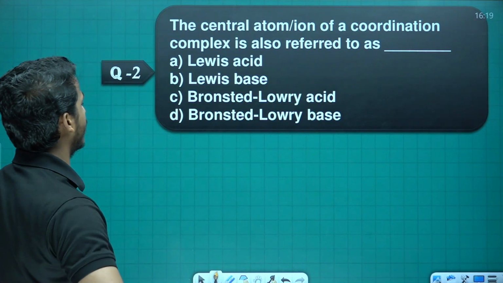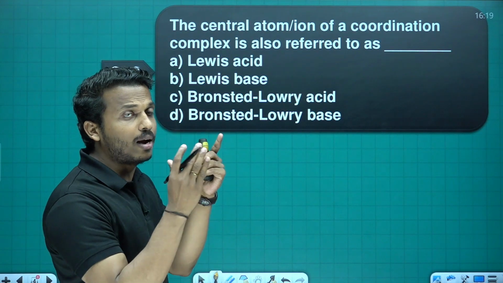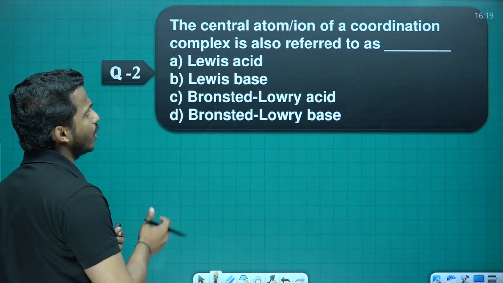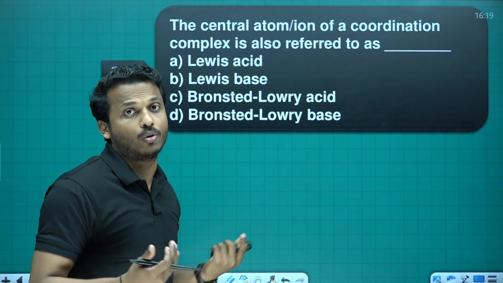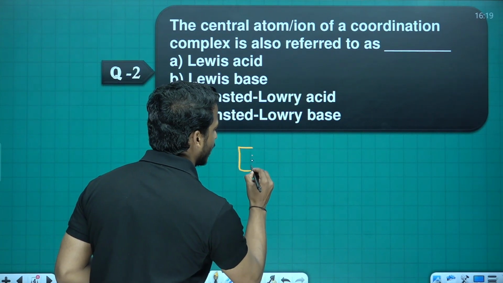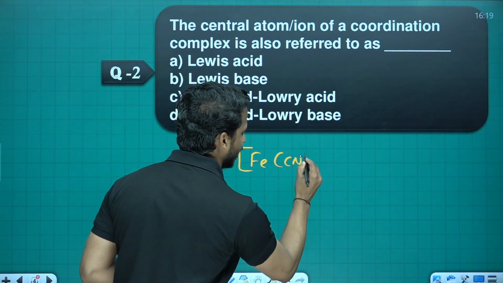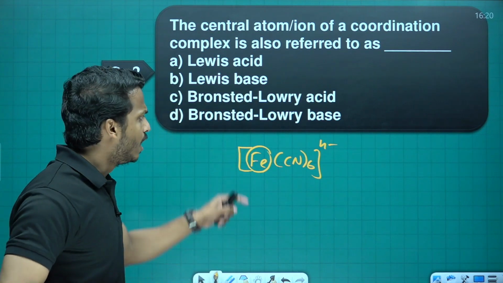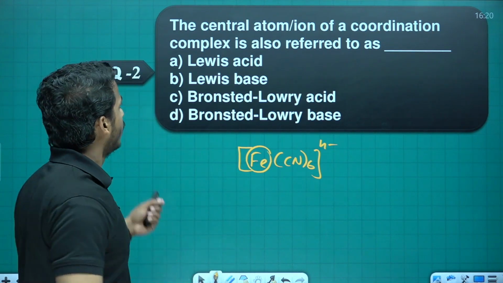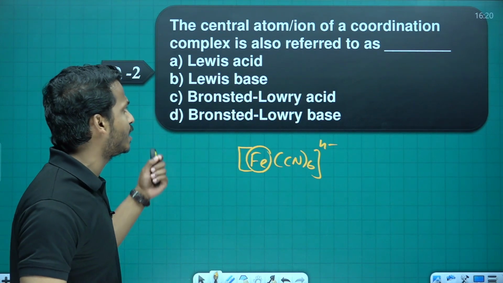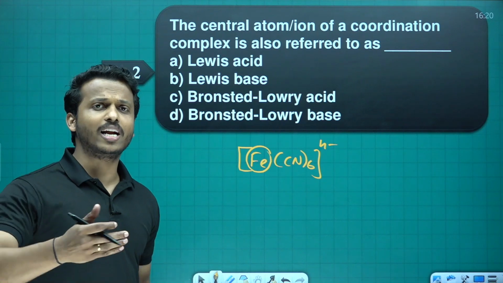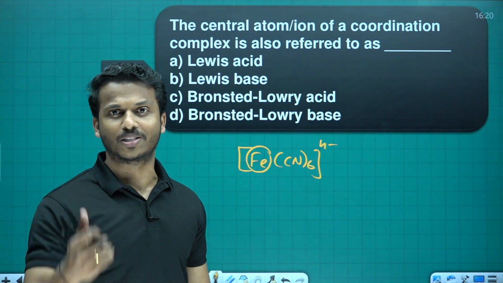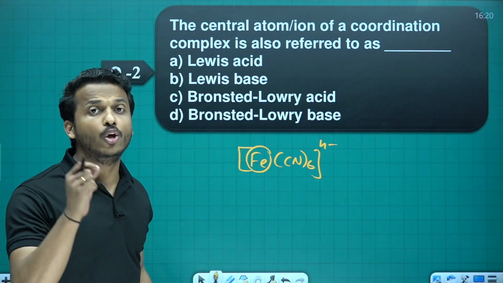Correct. Second question: the central metal atom of a coordination complex is also referred to as? For example, let me consider [Fe(CN)6]4-. Here, which is the central metal atom? Iron, right? This is considered as what? Whether it is a Lewis acid, Lewis base, Bronsted, like that. You may study the Lewis concept and Bronsted concept in 11th grade. What is a Lewis acid?